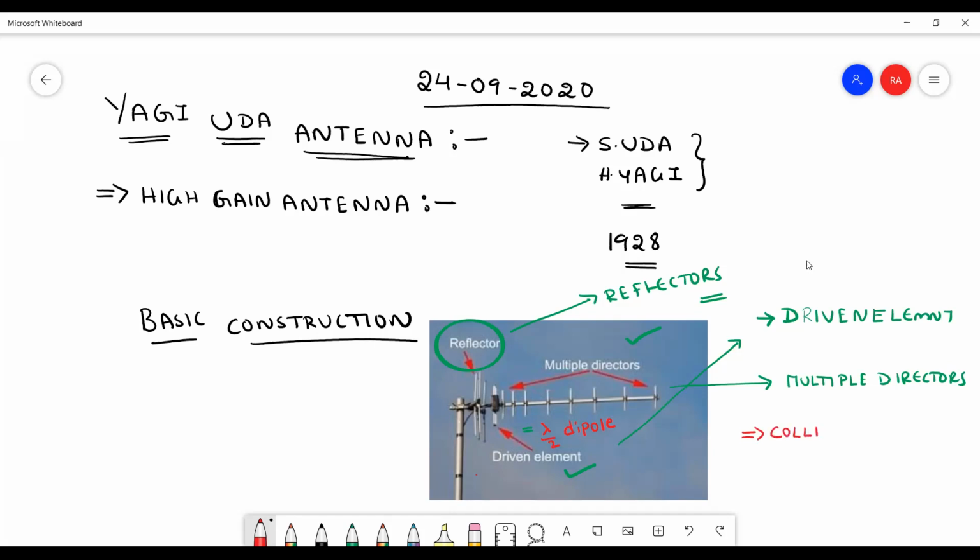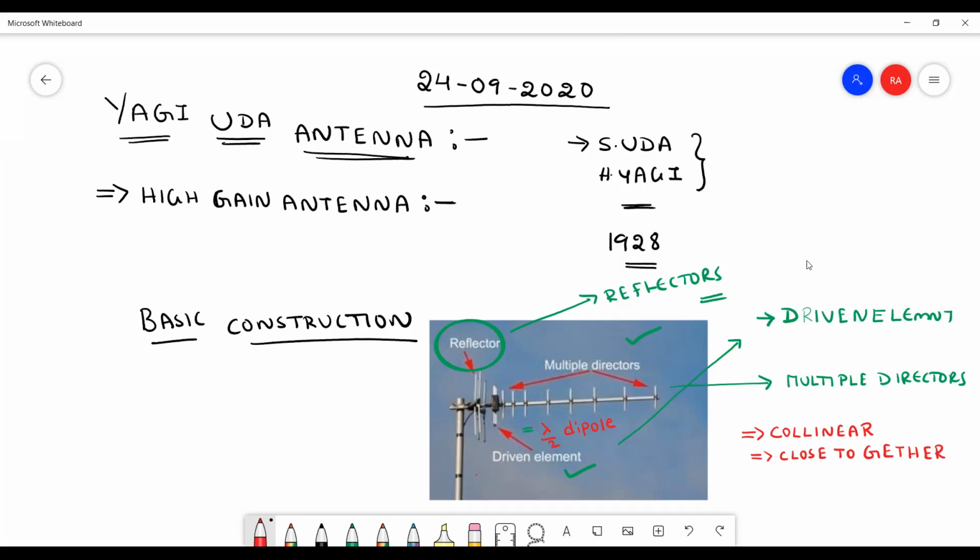What is collinear? We discussed it in the antenna array topic. All these antennas are very close together.